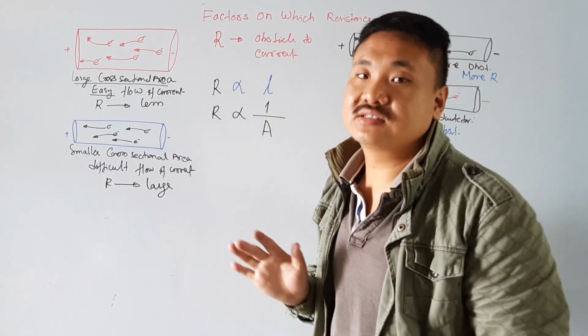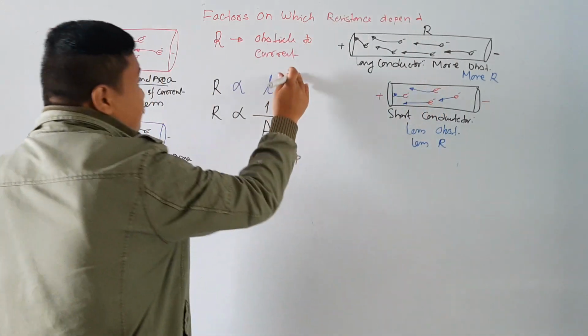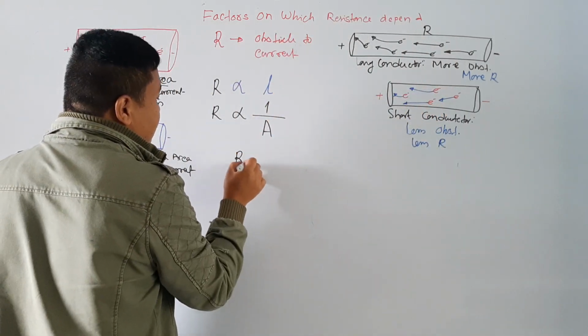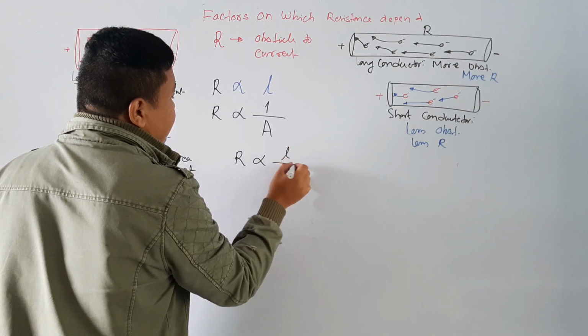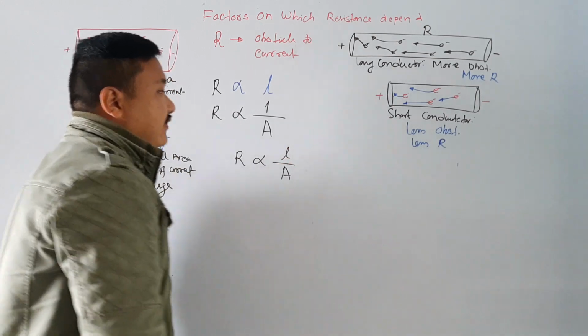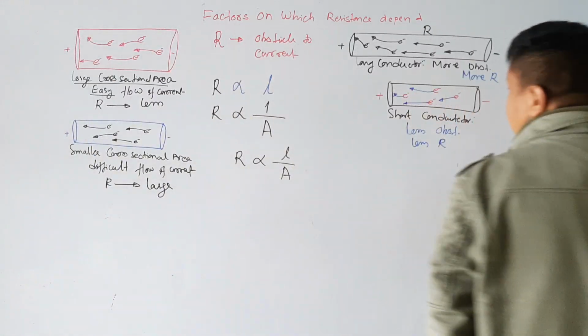That is inversely proportional. Now if I combine these two, I get R is proportional to L by A. So these are the factors on which the resistance depends.